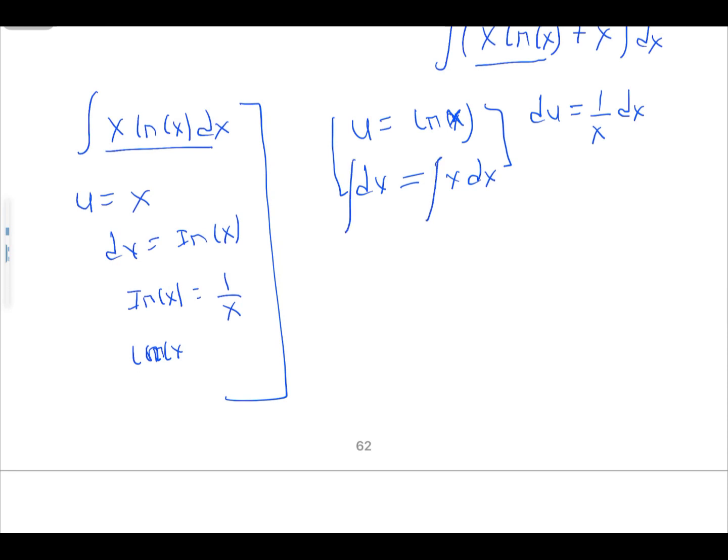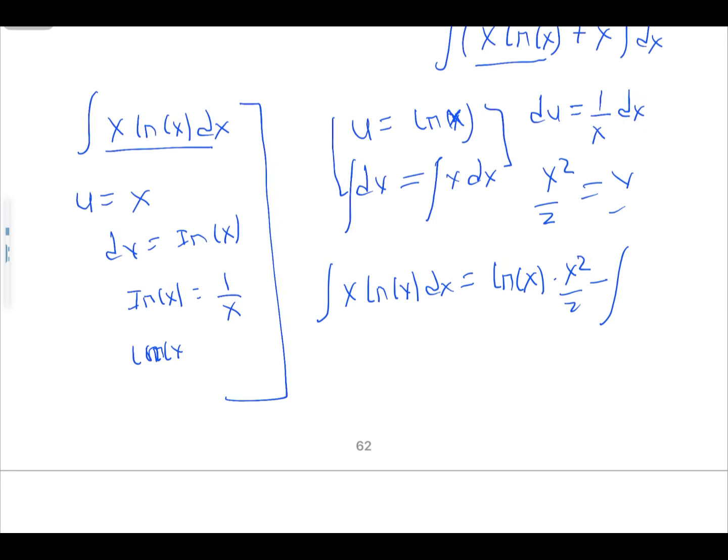And finding our v by integrating both sides, we are going to get x squared over 2, which is equal to v. Putting it into the formula, we are going to get integral of x ln x dx is equal to ln x, which is u, multiplied by the v, it's x squared over 2, which is here, minus the integral of x squared over 2 multiplied by 1 over x dx.